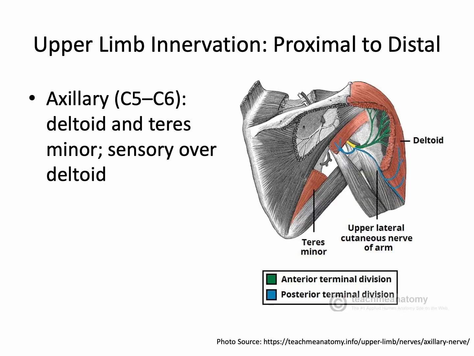Next, let's look at the axillary nerve. The axillary nerve originates from the roots C5 and C6, and it comes from the posterior division. This nerve innervates the deltoid and teres minor. If you look at the picture over here, we can only see part of the deltoid originating from the spine of the scapula.